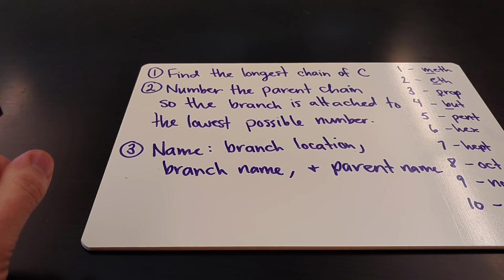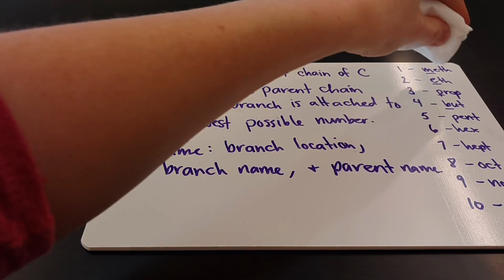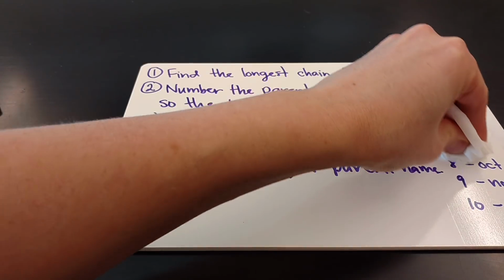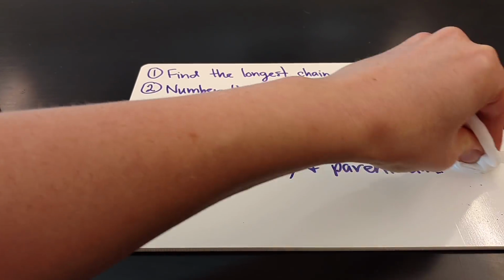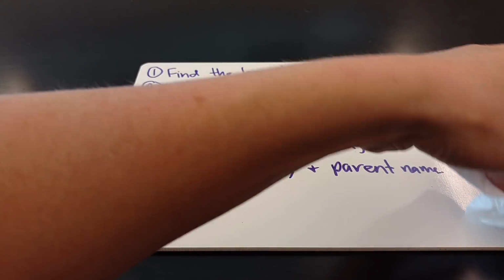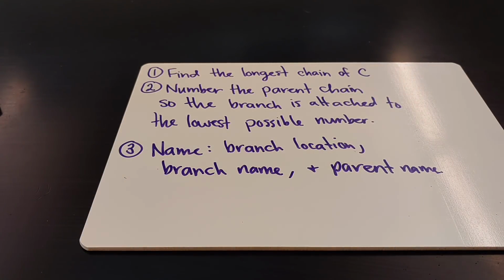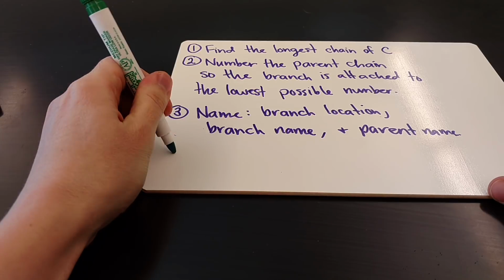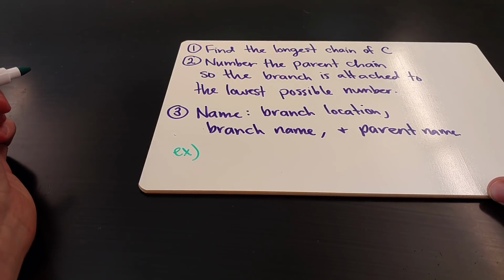Okay, now we're going to do an example. So I'm going to erase my board here and draw out an example, and we will name it using those 3 rules. So keep those rules handy. I'm going to try and give myself room over here so I don't have to erase those rules. Okay, here we go.